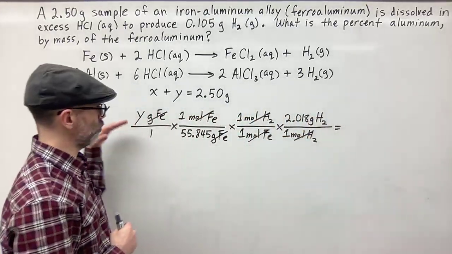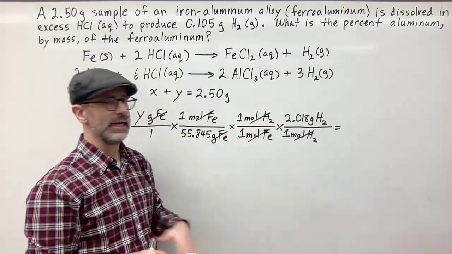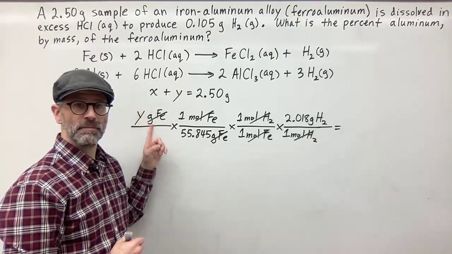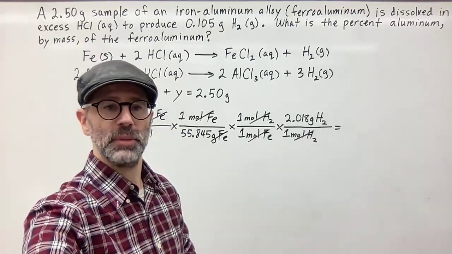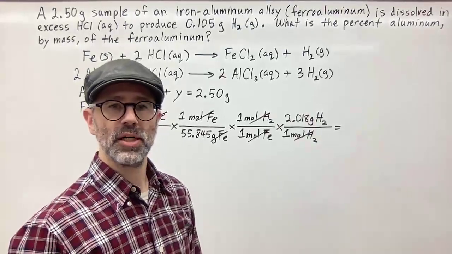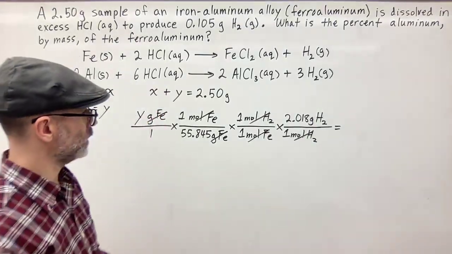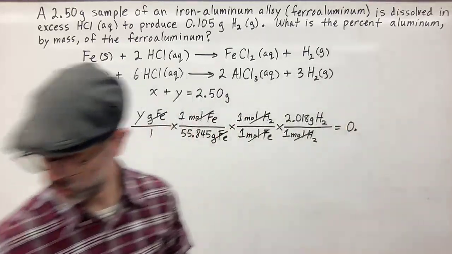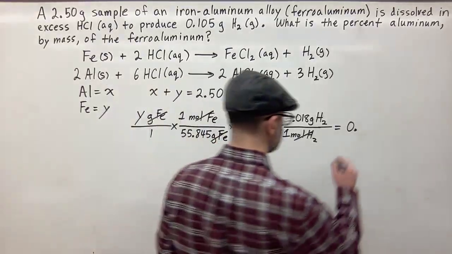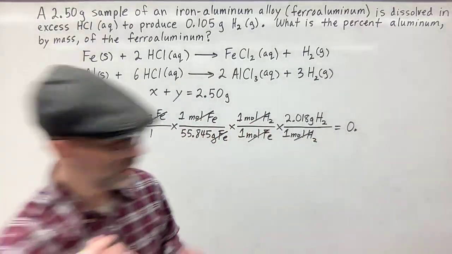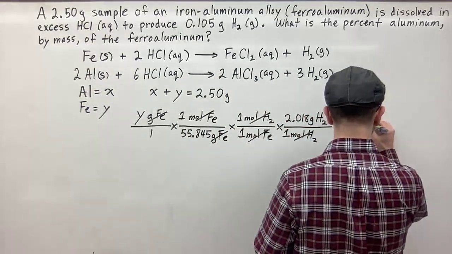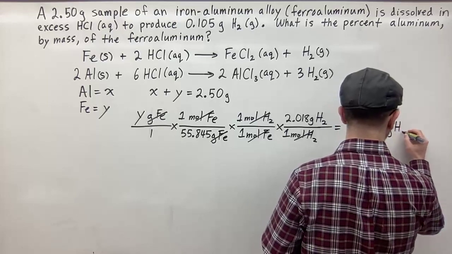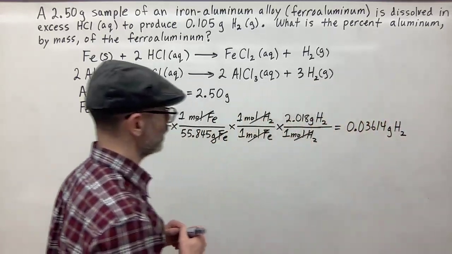Now all I need to do is multiply across the top, divide by the bottom, and I'll get my answer. But again, it'll be in terms of Y. So when I calculate this out, it becomes 0.3614 grams of hydrogen.